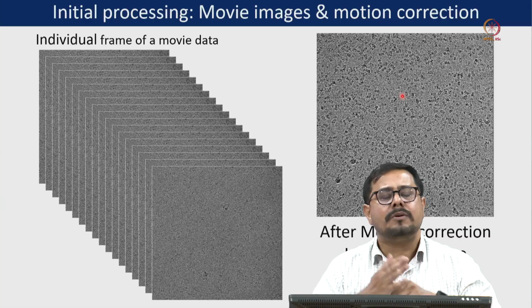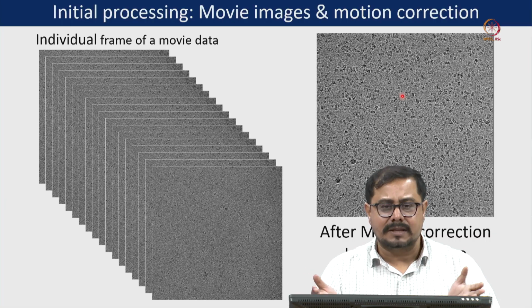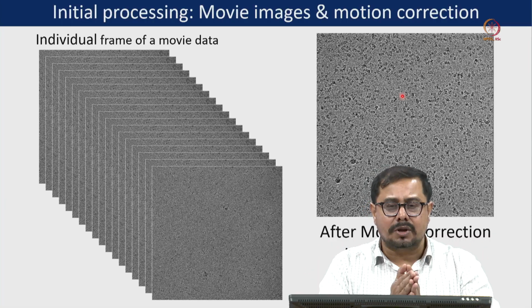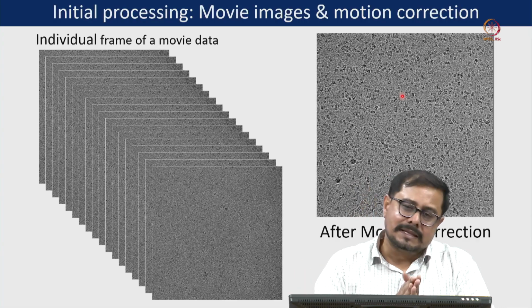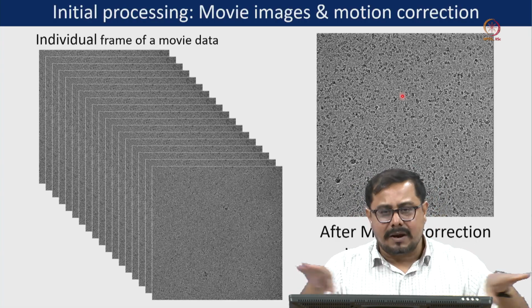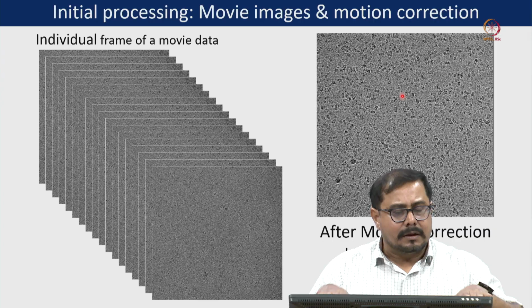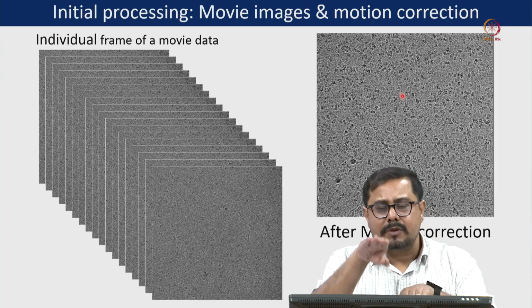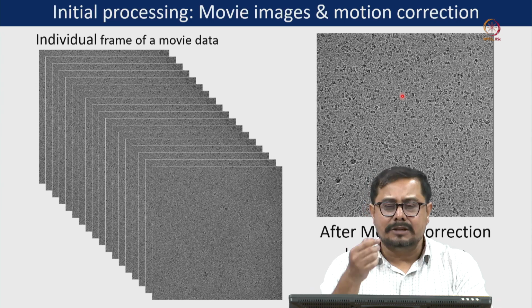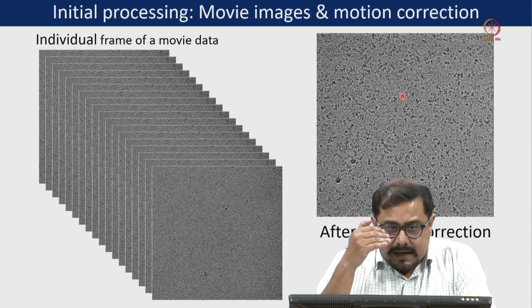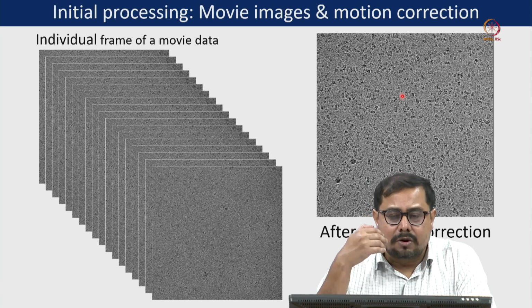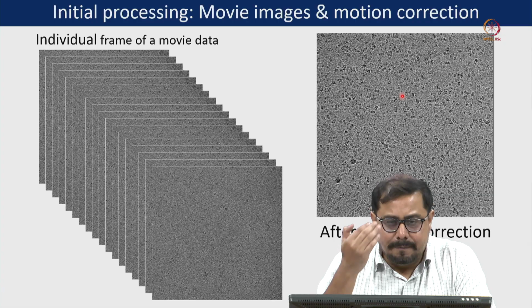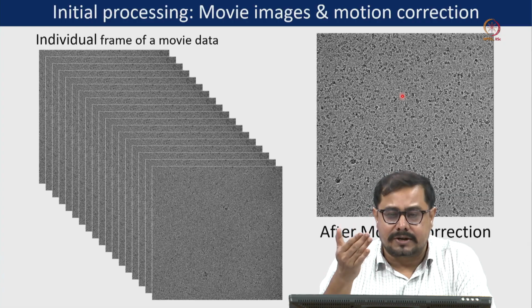But in cryo that situation is not there, and whatever buffer solution and our protein sample, they are almost giving the same kind of background. So, it will be very difficult to distinguish the background from the protein molecules. That is one of the reasons we are using a little bit higher defocus, because higher defocus is helping us to boost the contrast.